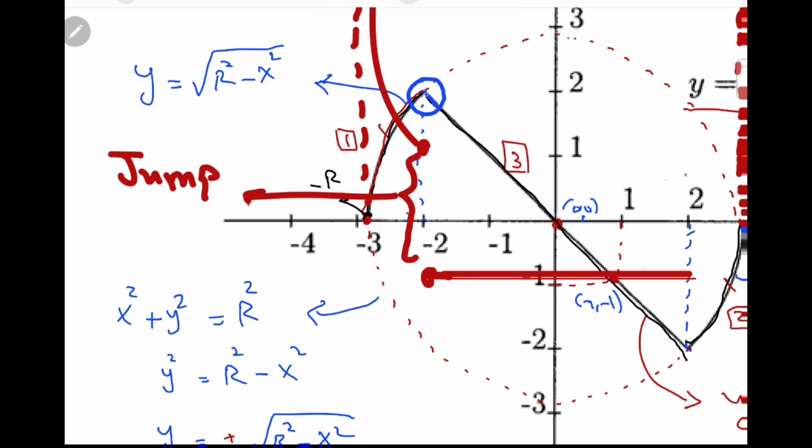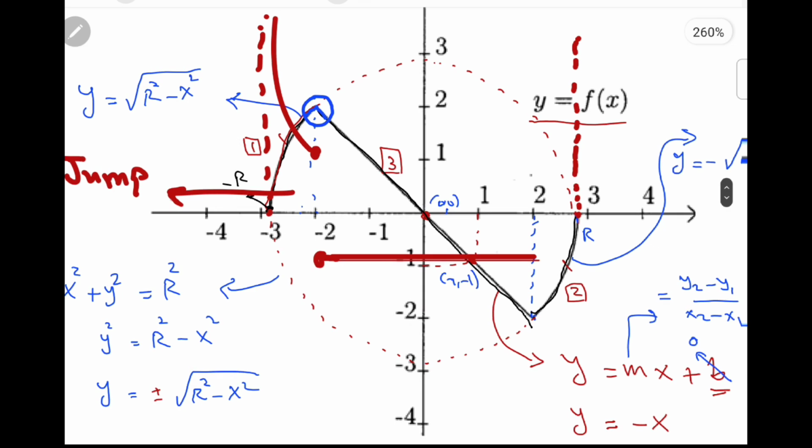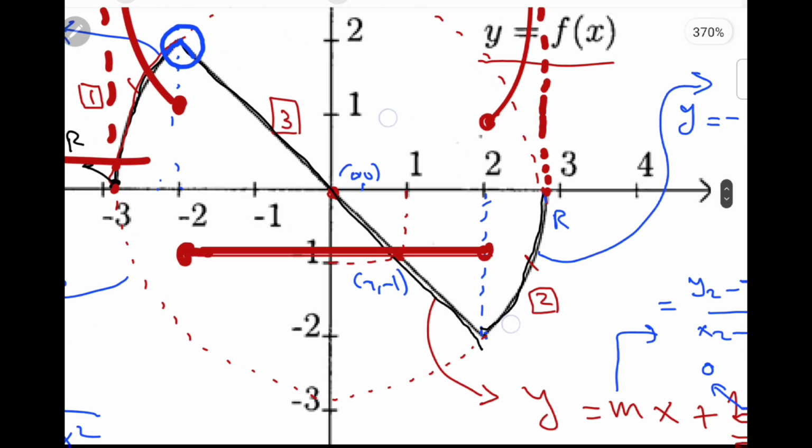And remember, at edges the derivative is undefined, and this is why we have this jump. Same thing here. The shape looks something like that, and then it reaches 2 and stops. There is also a jump.